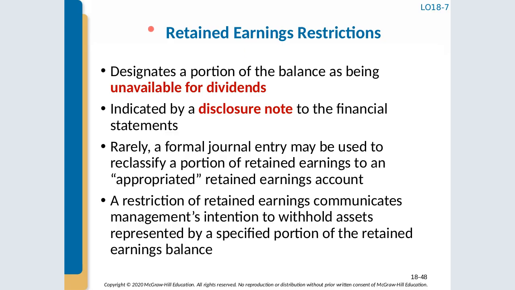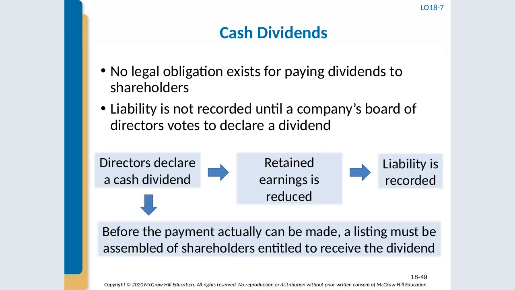Retained earnings may have certain restrictions, and if that's the case, there'll be a note on the financial statements stating that maybe we're earmarking these for expansion, different options that the corporations have, or projects or plans, and so these funds are unavailable for dividends. Okay, so they're restricted in a way, but we don't need to actually do a journal entry for that.